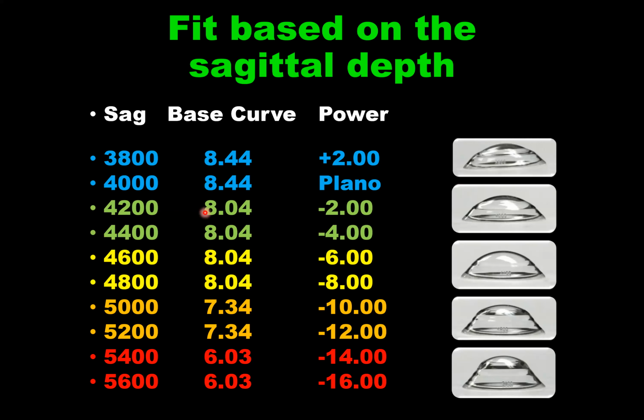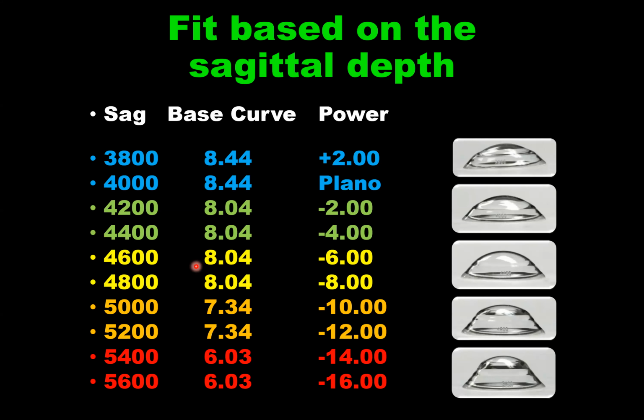You're dealing with the same lacrimal lens power, and more likely you will expect to have that custom lens come in and not have any of these odd over-refractions that we often see with scleral lenses. So by using the same base curve for multiple different trial lenses, it means that your custom orders can come out a little more predictive in power when you're switching between sagittal depths, when you need a higher or lower sagittal depth.